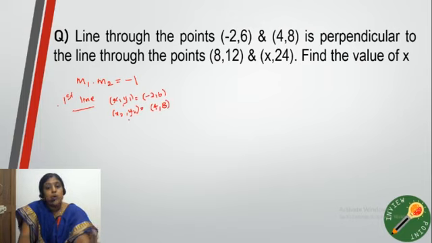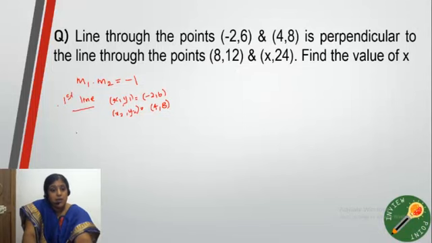If the coordinates of 2 points of the line are given, then m1 is equal to y2 minus y1 by x2 minus x1, right? We have studied this equation.